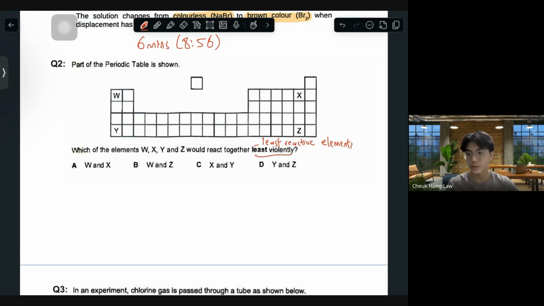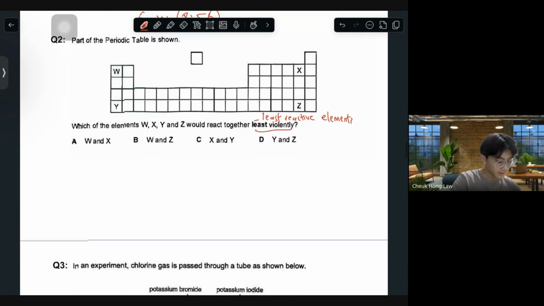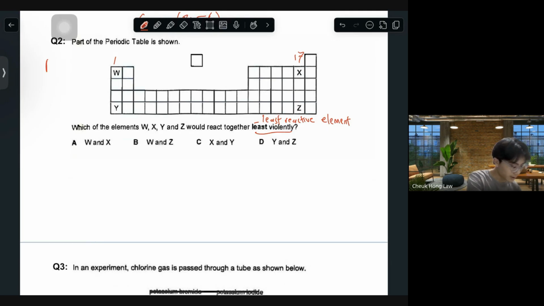So let's look at the trends. For those who just sent their answers, I'll give feedback later. Now I'll go through the questions first. This is group 1, and this is group 17. For group 1, the trend is down the group, focusing on reactivity.